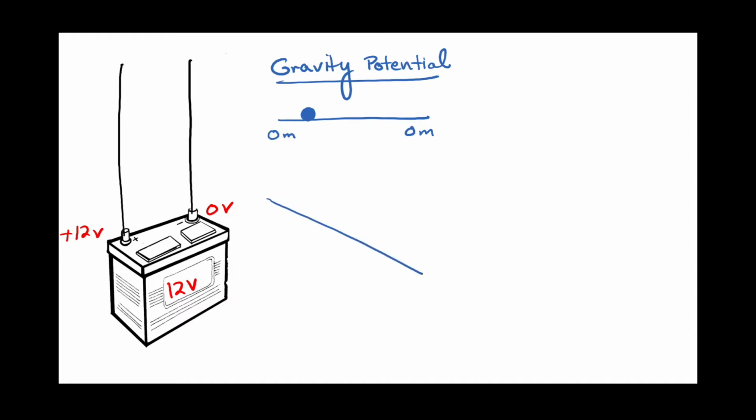However, if I then have a platform or surface that has 12 meters on the left side, 0 meters on the right, then there's a slope, and if there's a ball on top, this ball will want to roll and move. It is this difference in height, and here we would say a difference in gravity potential, that makes the ball want to roll. The same thing goes for something called electric potential.